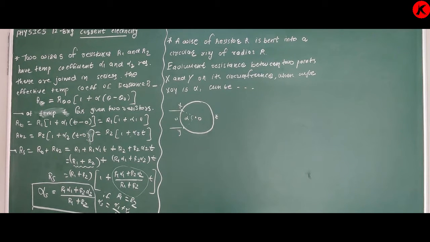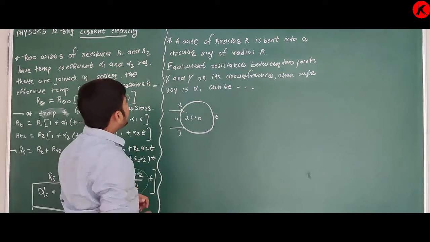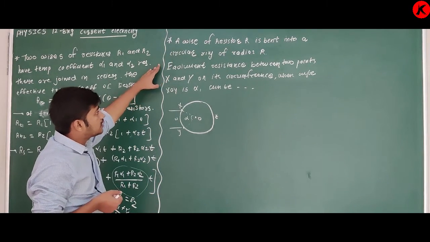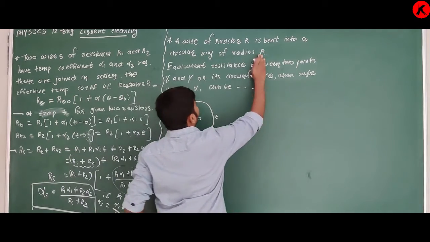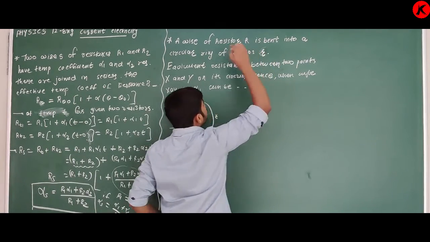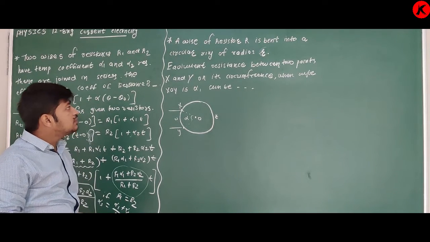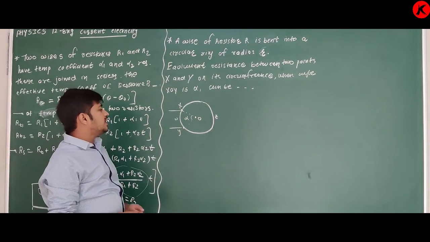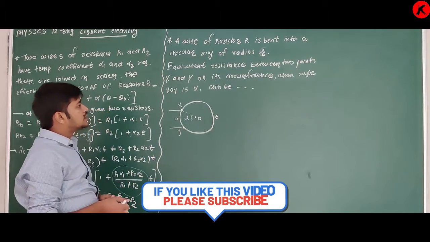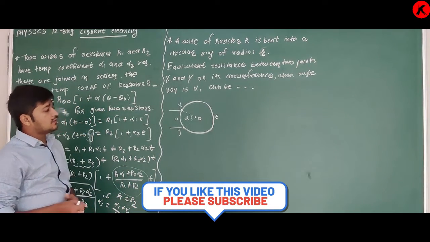So this is one question based on the series connection of two resistors, where you have to find the equivalent temperature coefficient. Now the next question. A wire of resistance R is bent into a circular ring of radius small r. Find the equivalent resistance between two points x and y on its circumference when the angle xoy is alpha.